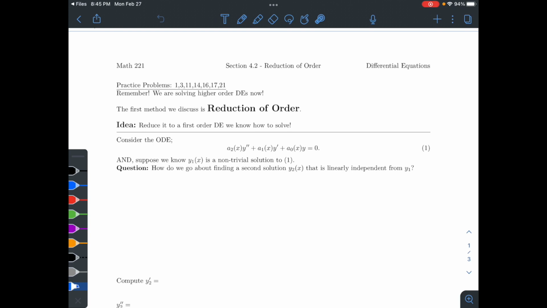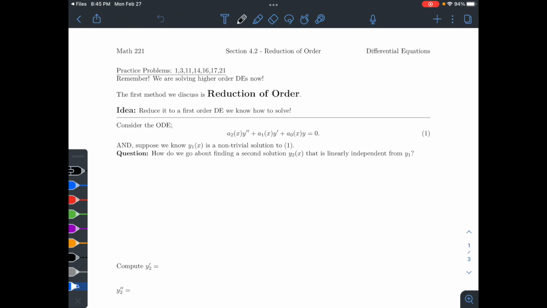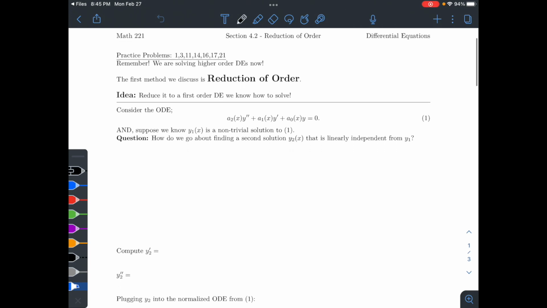That's the integrating factor method. Reduction of order is basically just knocking this down to a first order thing, assuming that we already have one solution. So this is very contingent on already having a solution. If you don't already have one, you have to find that solution somehow else. But this formula is probably more useful than you expect it to be the first time that you see it. But anyway, let's get into it.